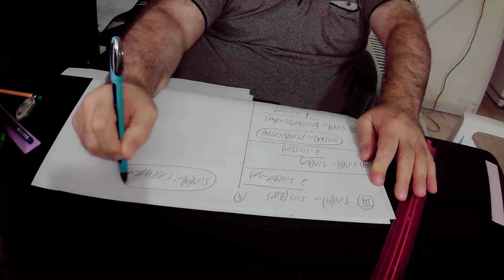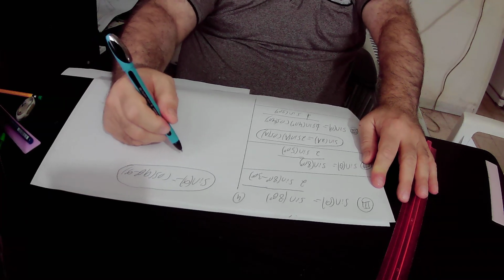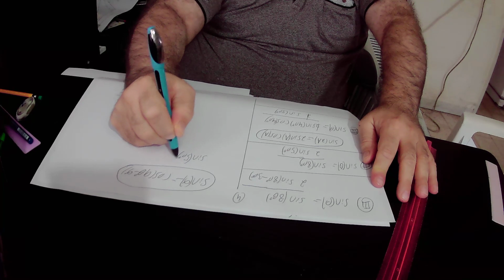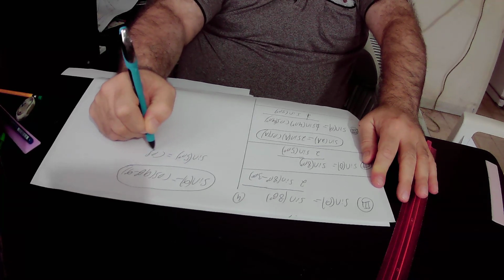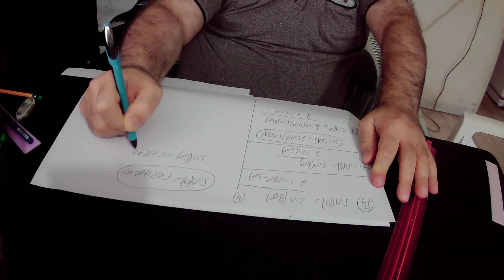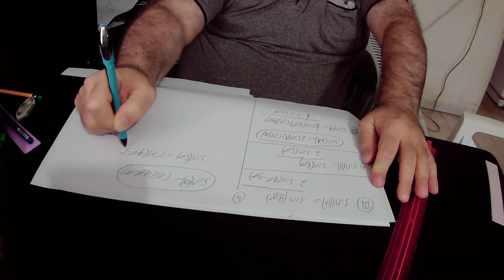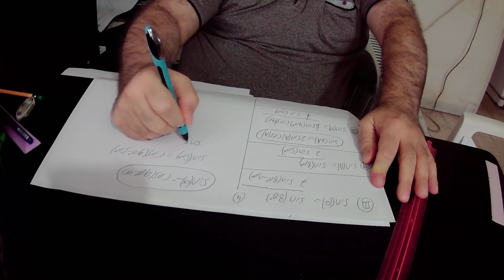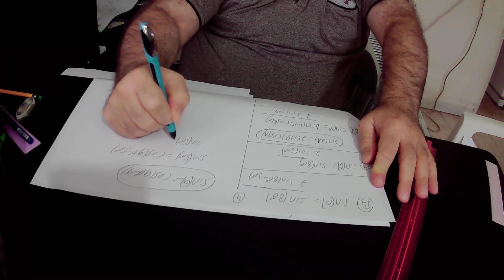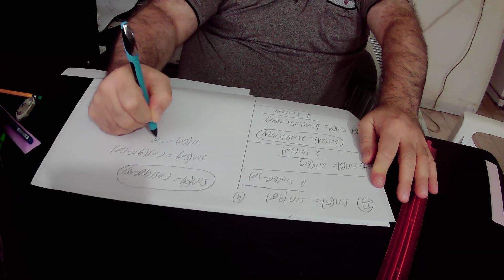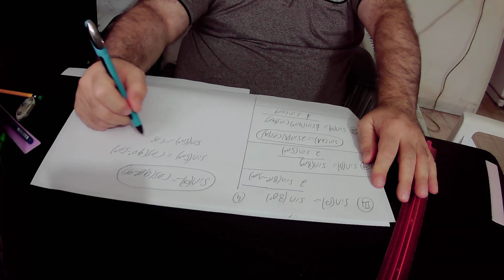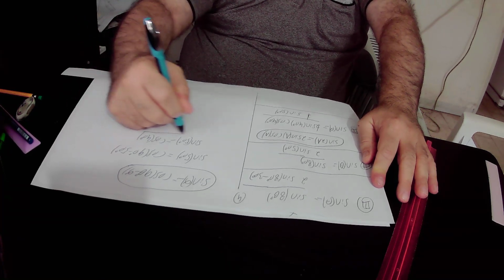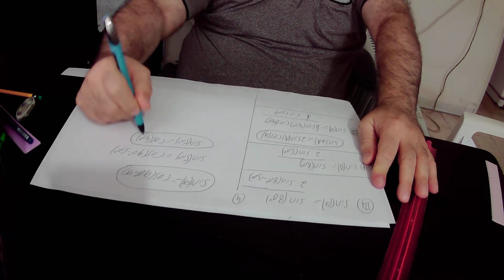According to this trigonometric identity, we will get that sine 50 degrees equals cosine 90 degrees minus 50 degrees, which is 40 degrees. So we found out that sine 50 degrees equals cosine 40 degrees.